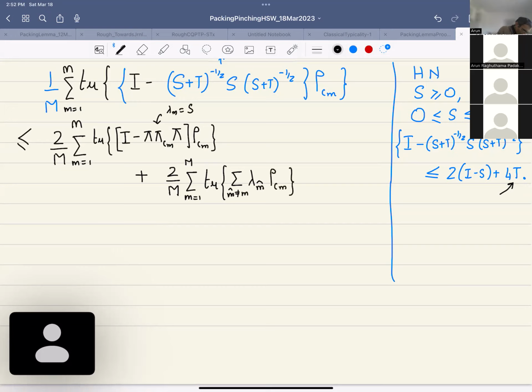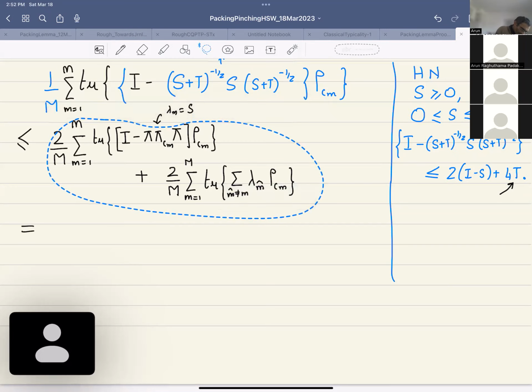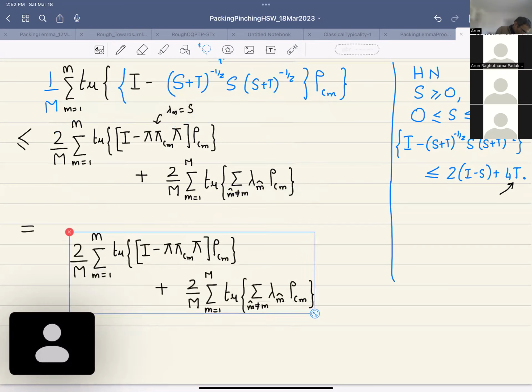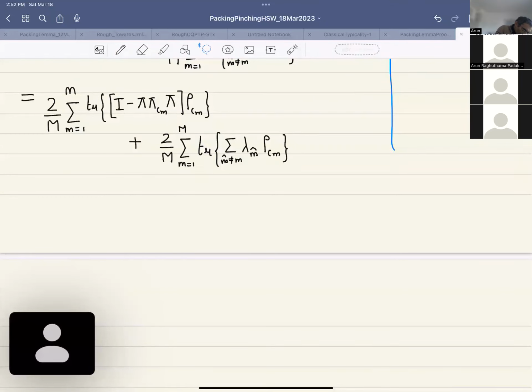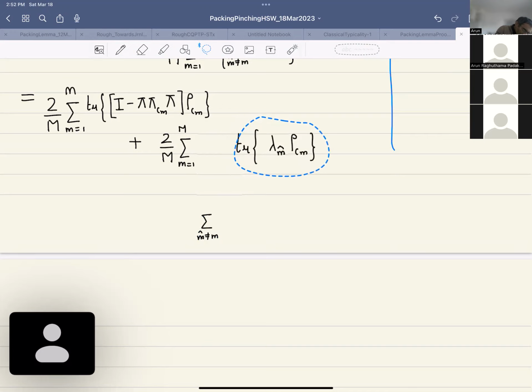Okay, so I will just elaborate on this. So this is copy, paste. So the second term, by linearity, I'm going to pull this term out, and this lambda m hat is essentially pi.